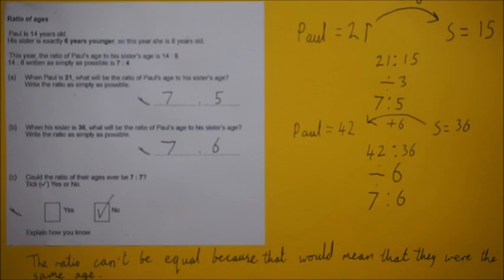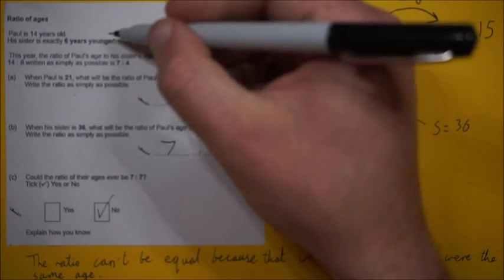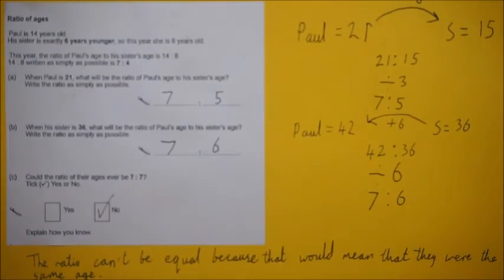If their ratios were the same, they'd have to be the same age, and we know that that 6-year gap is going to remain all the way through, so there's no way that their ratio could be the same. Well done if you explained that.